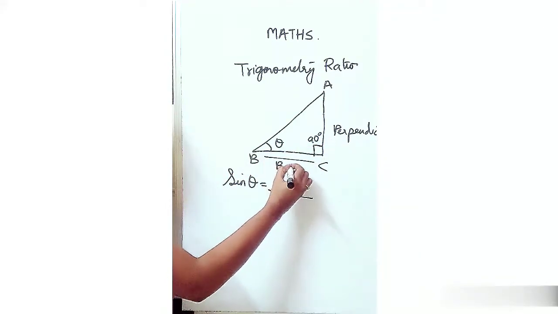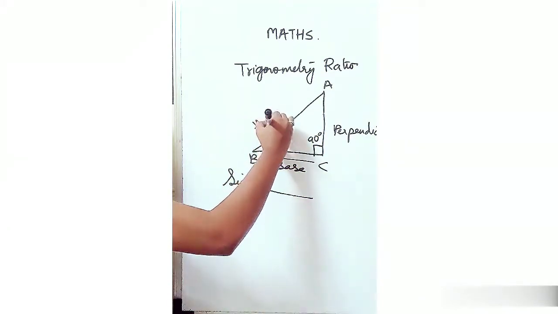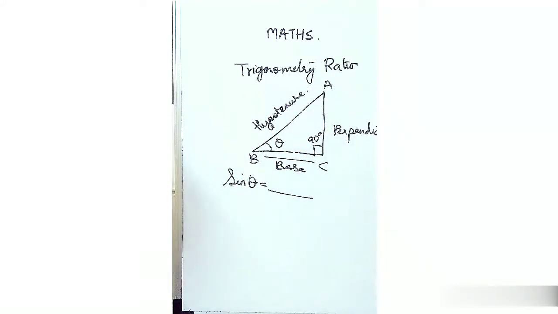So this is your base, and the longest length of the triangle is the hypotenuse. Alright, now we'll see this part.